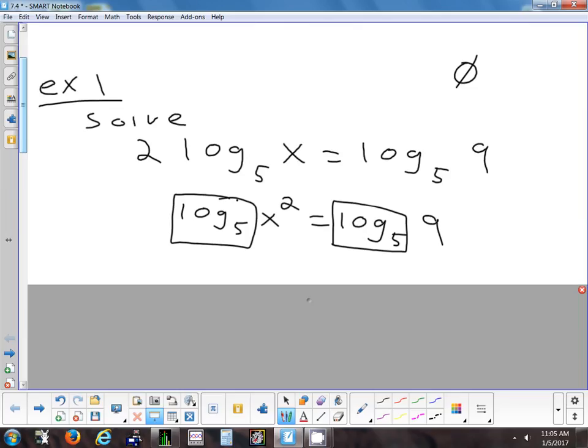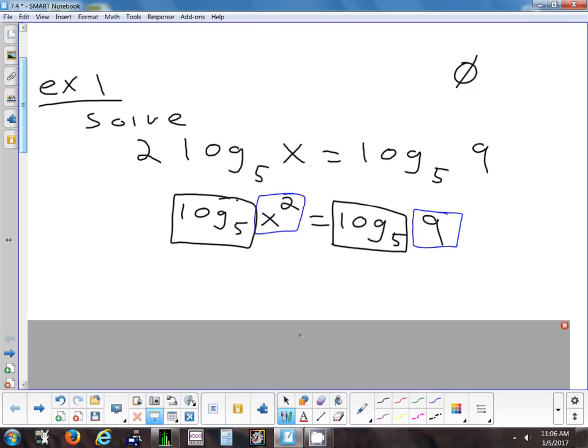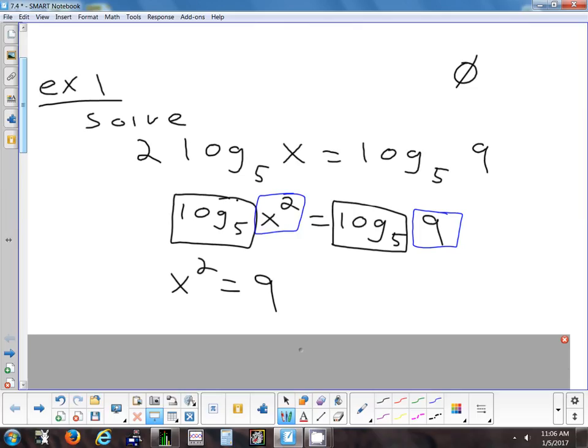The only thing we have to make is this argument match that argument. Somehow we have to pick a value for x that's going to make this side 9. So what would x be? 3. Yeah, x is 3.